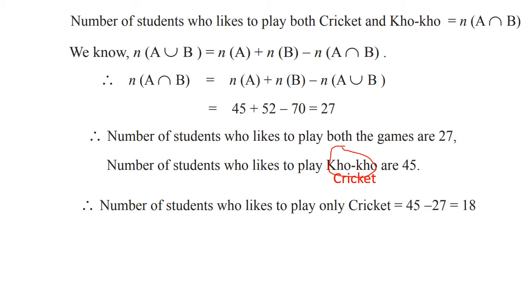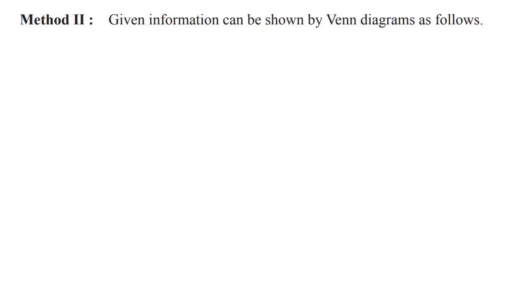So let us go towards the second method now, that is by using Venn diagram. Okay, so method 2 is by using Venn diagram. Whatever given information is there, we have to represent by using Venn diagram. So first of all, let us write down the given information in short once again.